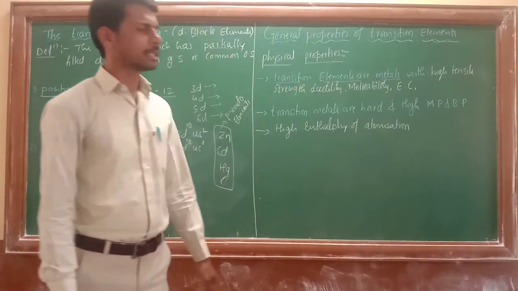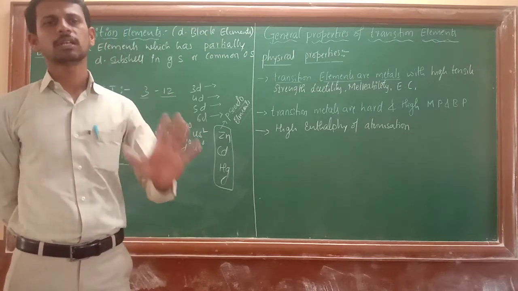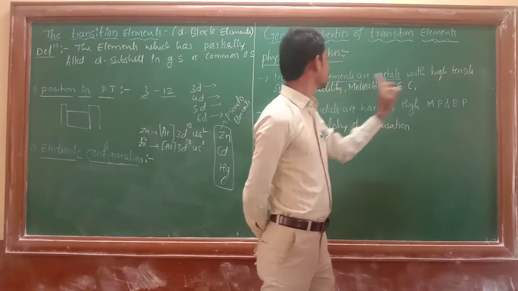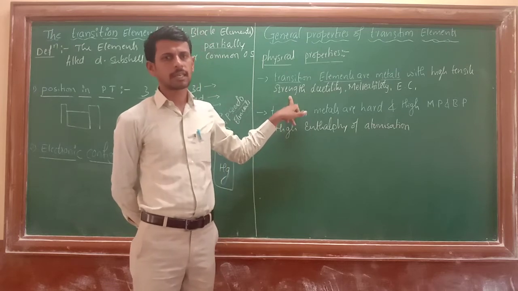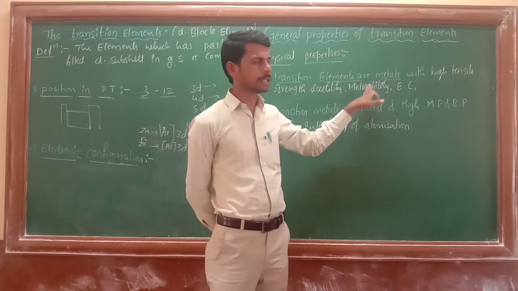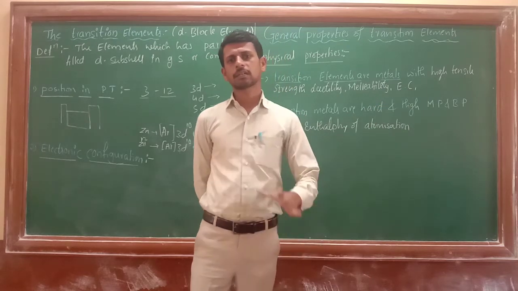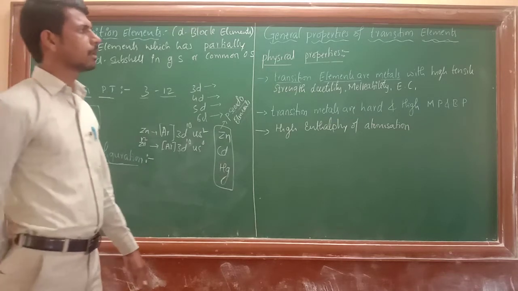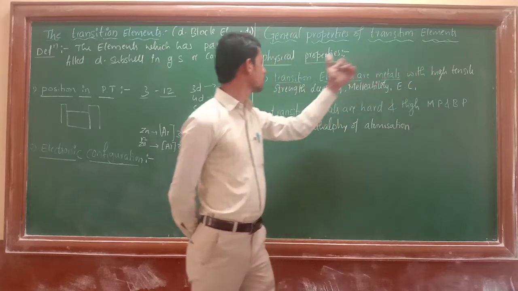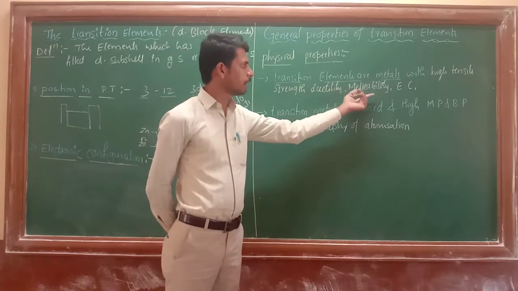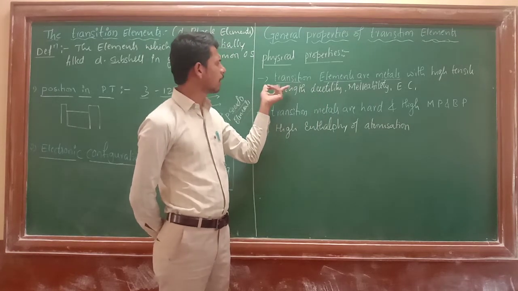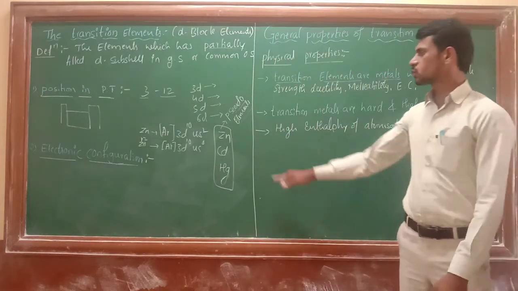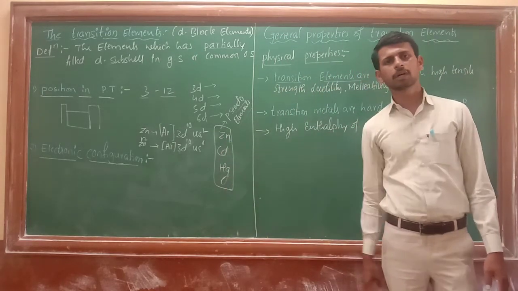If you consider the d block elements, they are metallic in nature with high tensile strength, ductility, malleability, electrical conductivity, and metallic cluster structure, with high melting point. All these transition elements are metals, except the pseudo elements, that is zinc, cadmium and mercury.